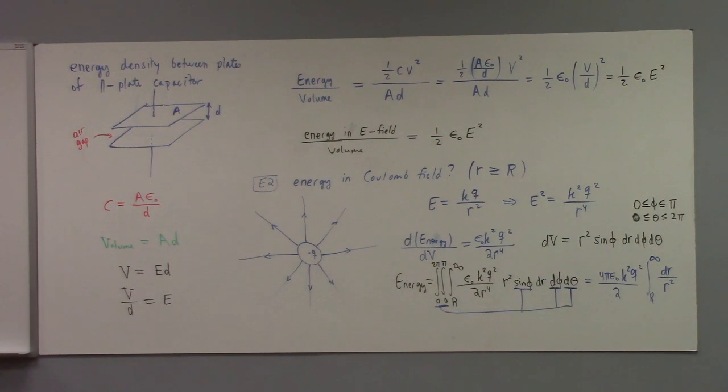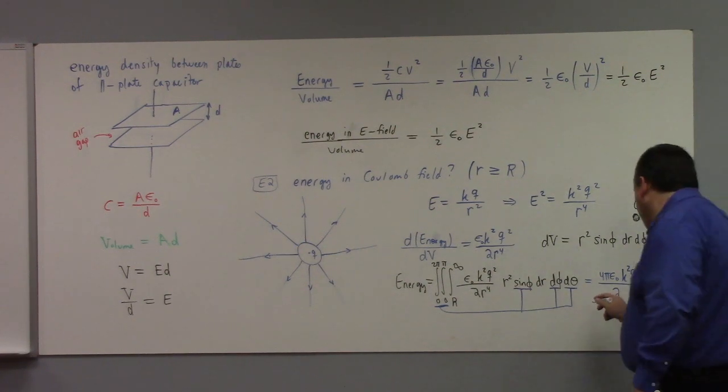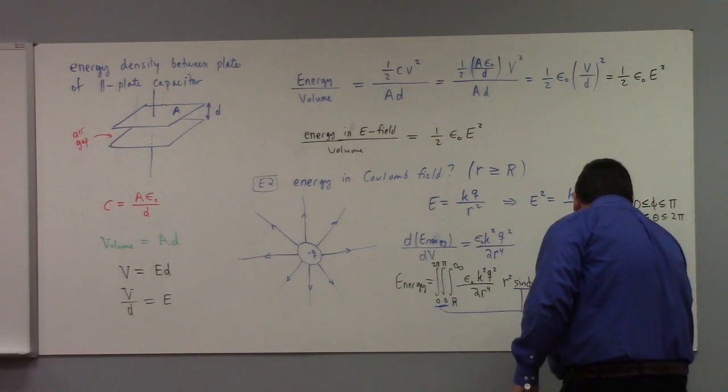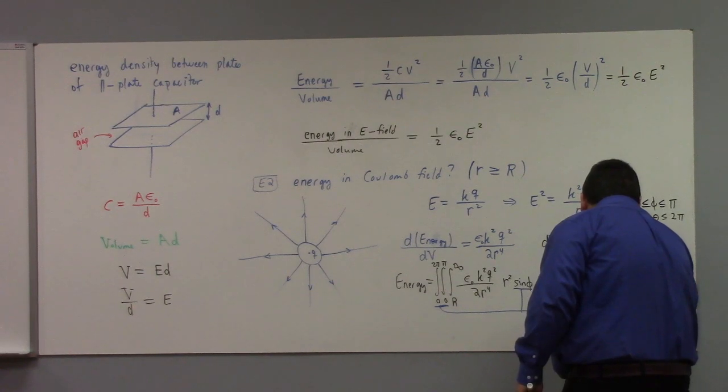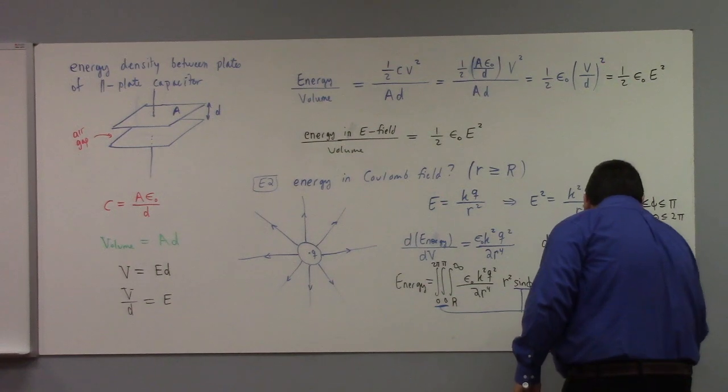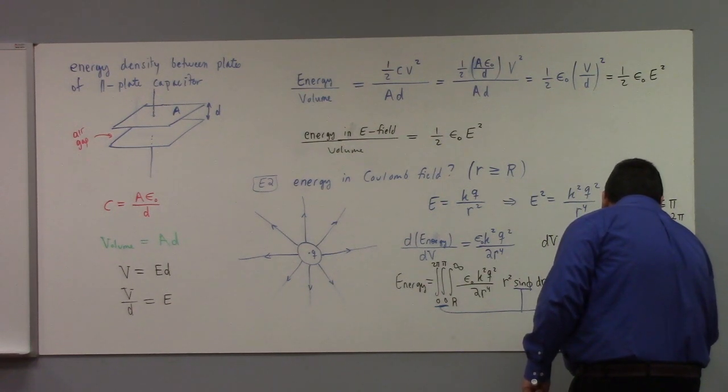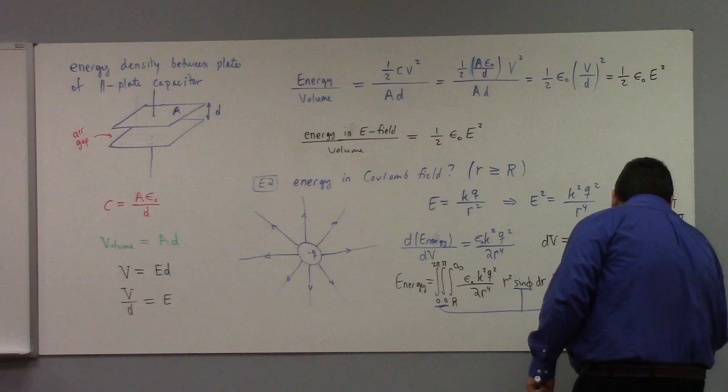What's the integral of 1 over r squared? Negative 1 over r, right? So we've got 4 pi epsilon naught K squared Q squared divided by 2 times minus 1 over infinity, don't tell the other math professors I did this, plus 1 over r.